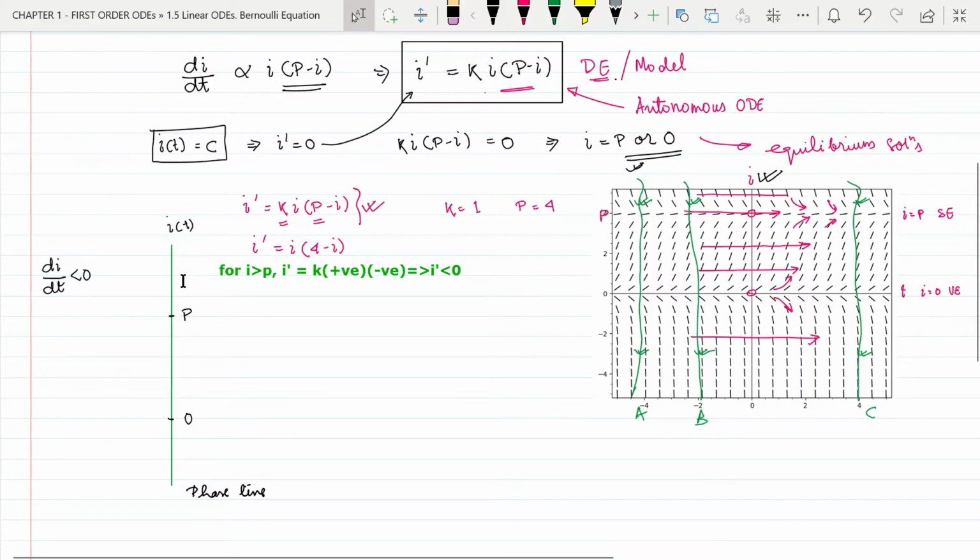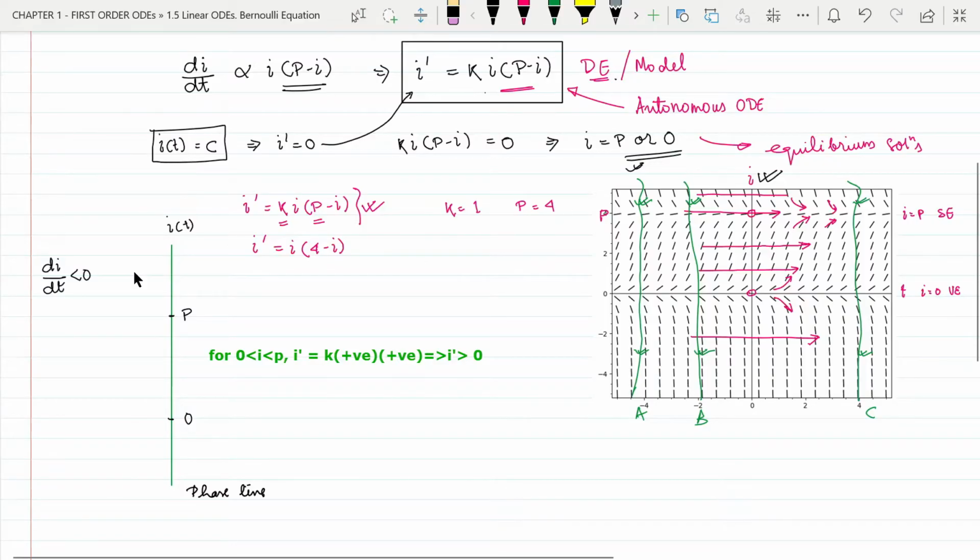I will be positive because I values are greater than 0. So I is positive, P minus I is negative, multiplied gives us a negative term. So I dash is negative, or slope is negative. So that is why for this top section above P, di by dt is less than 0.